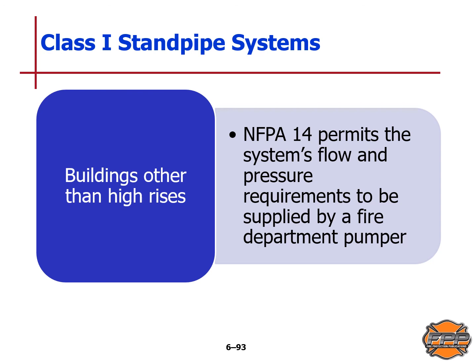Buildings other than high rises, the NFPA Standard 14 permits the system's flow and pressure requirements to be supplied by a fire department pumper. These are buildings other than high rises that have a standpipe.